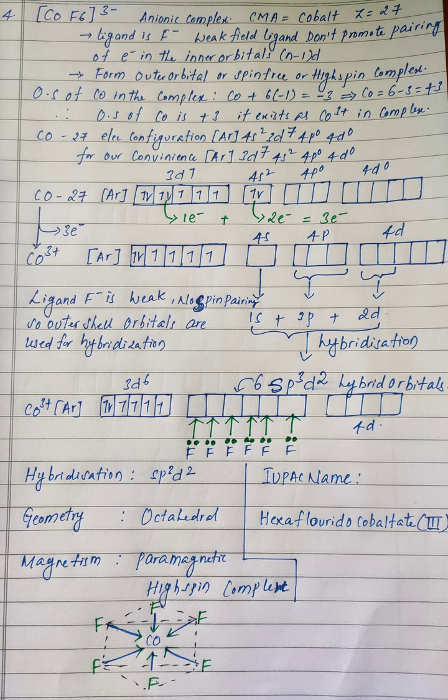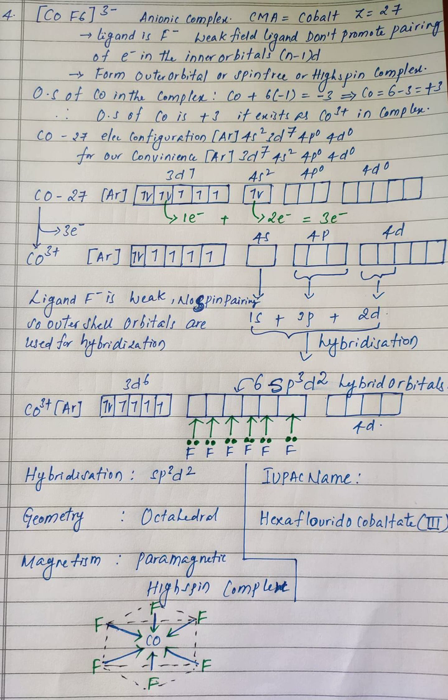Cobalt exists in the form of Co3+ ion, which means the cobalt atom is losing 3 electrons. From which orbitals will it release electrons?